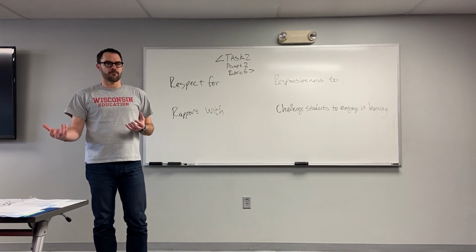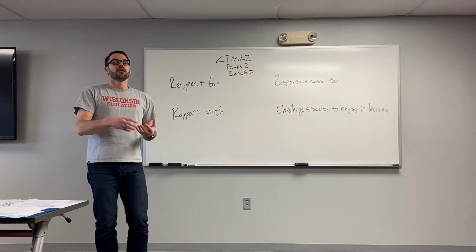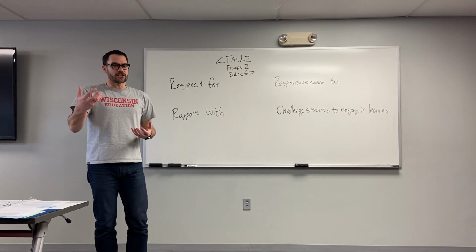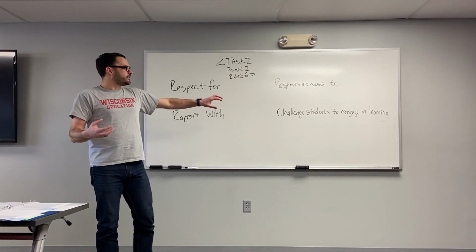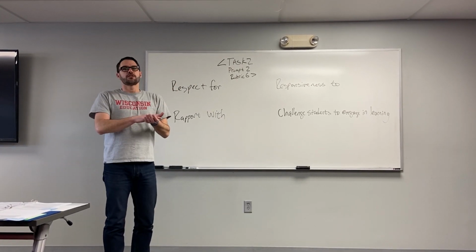Perhaps you use wait time, then ask a follow-up or clarifying question that allows them to engage in a higher order way. It's this part of the prompt that would help you to move from a 3 to a 4 or a 5.